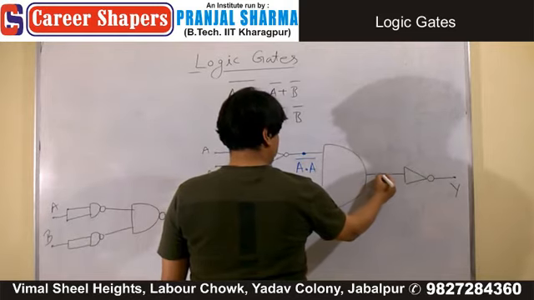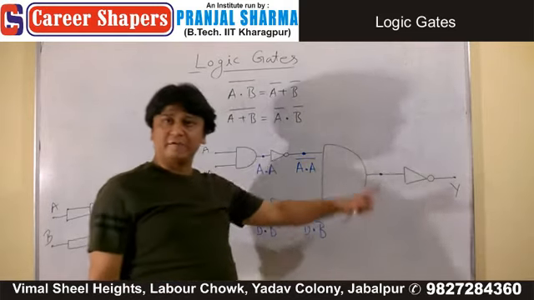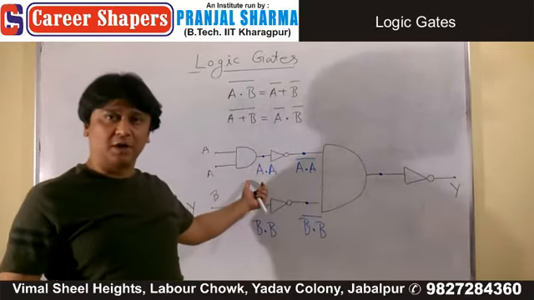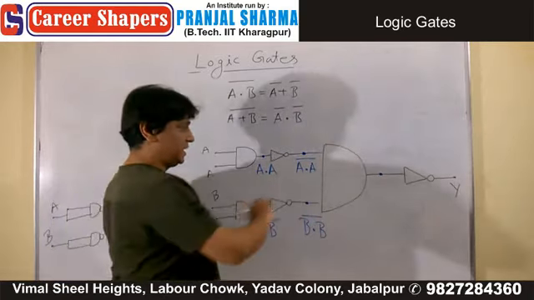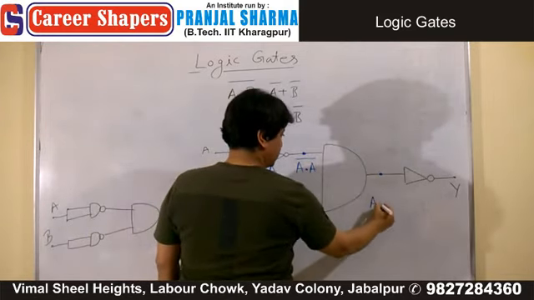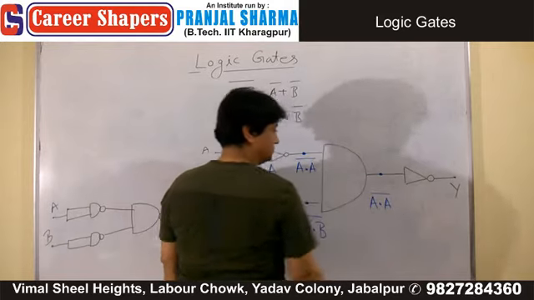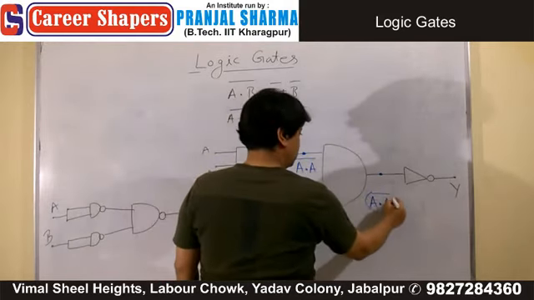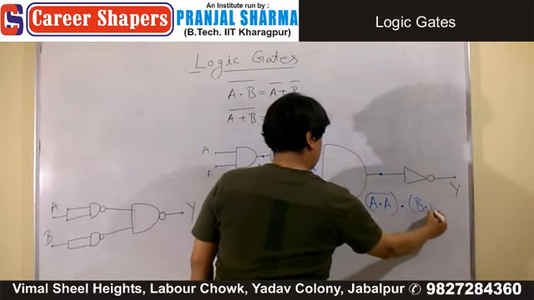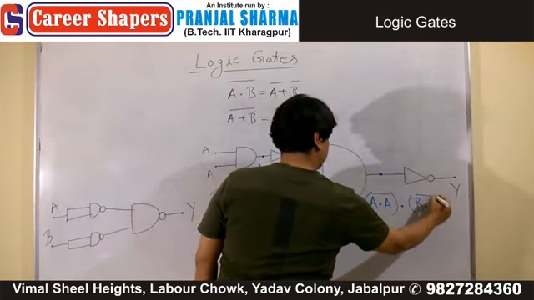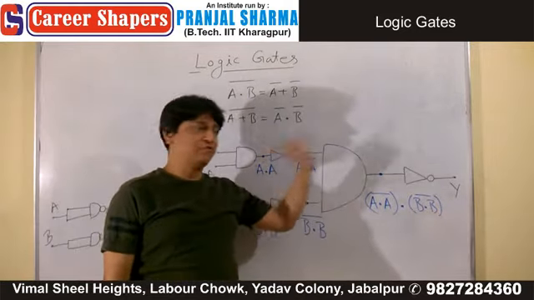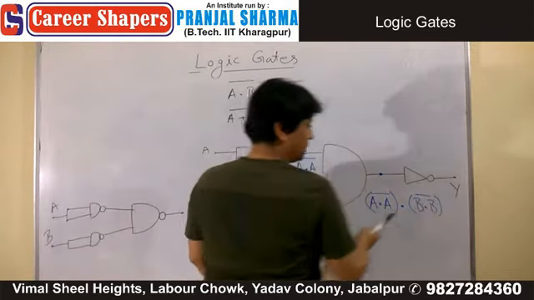When you arrive at this place, it becomes, well, we can save time, but let me write the whole thing in detail first. When you reach this point, it is A dot A multiplied by B dot B, and finally your not.